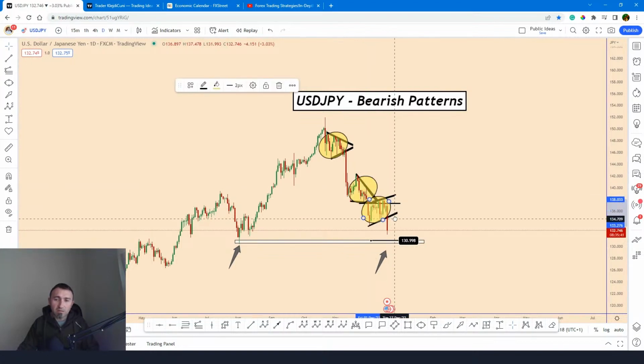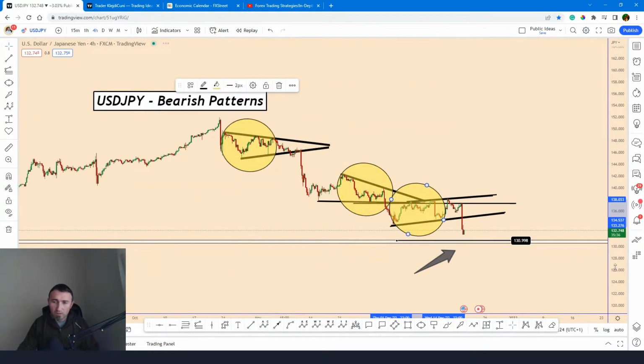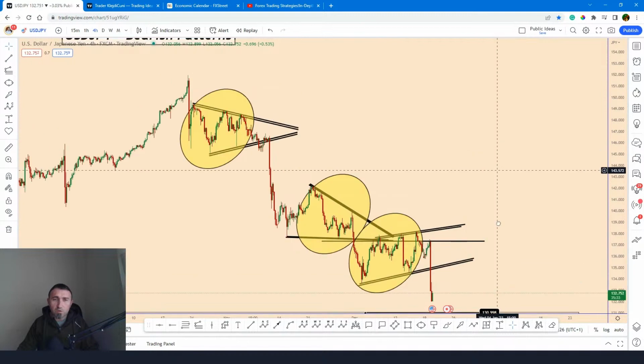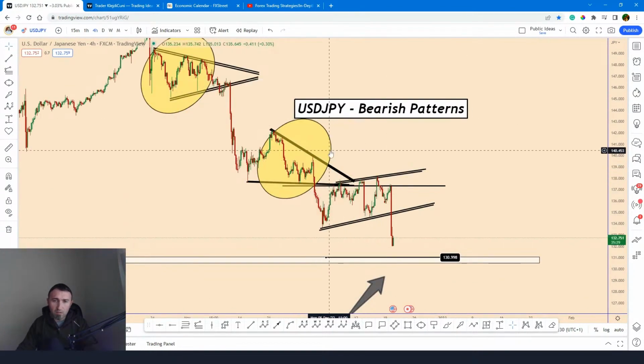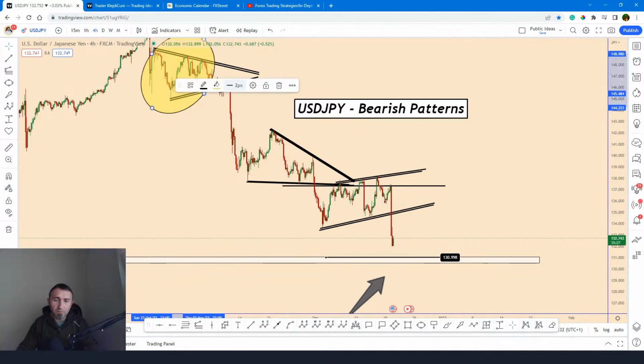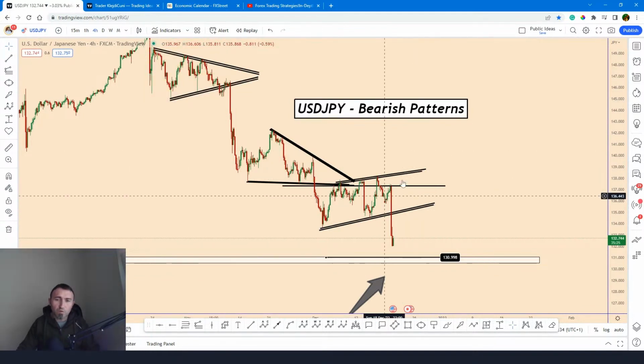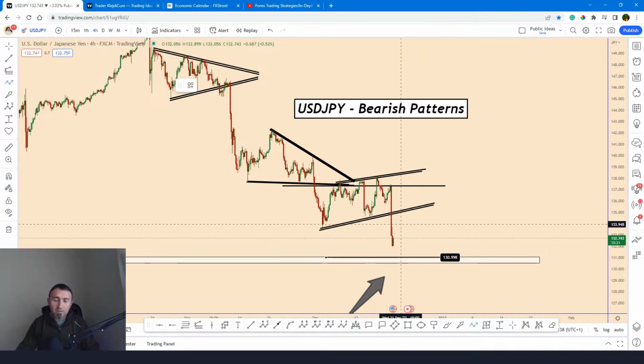USD Japanese yen likes a lot to create these big bearish patterns before the move, so very nice accumulation. Sometimes these are also very tricky patterns, so it can be very profitable, but you have to know your risk when you trade them.